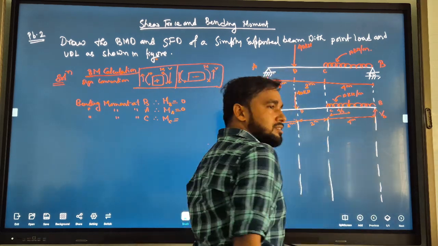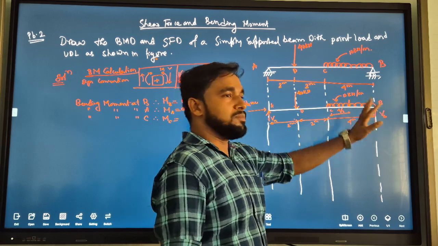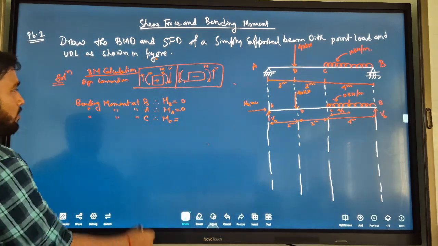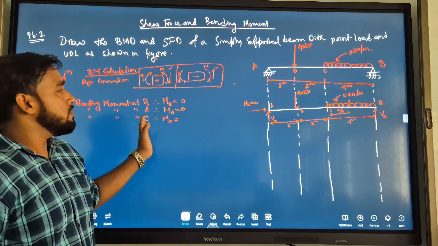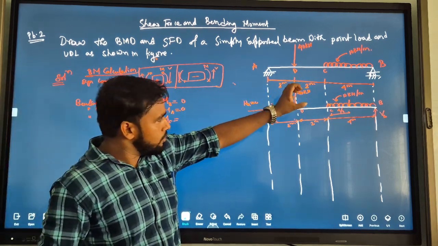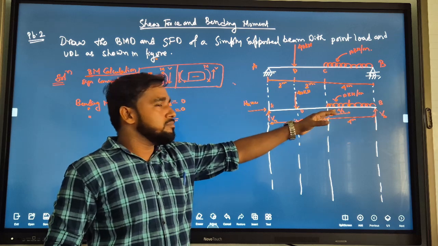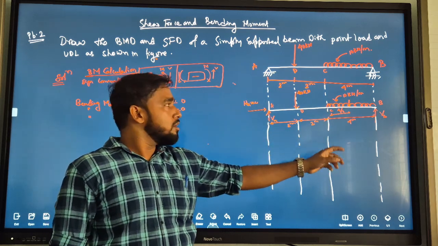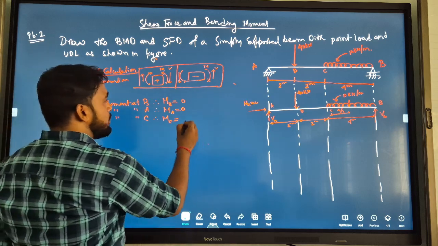So for MC, how many vertical forces are there when we are looking towards B? VB and the UDL.